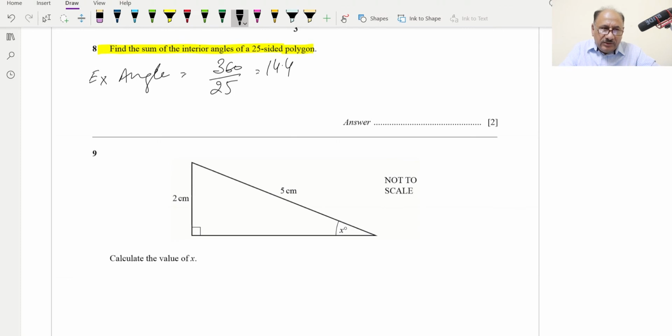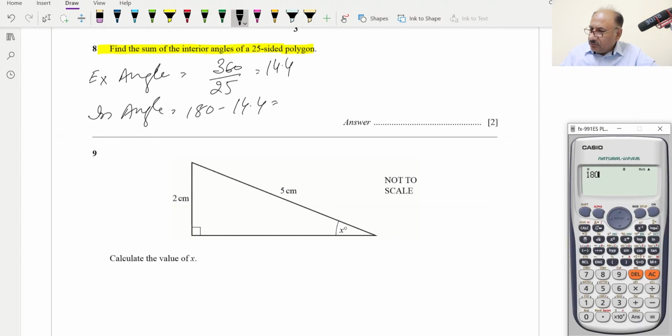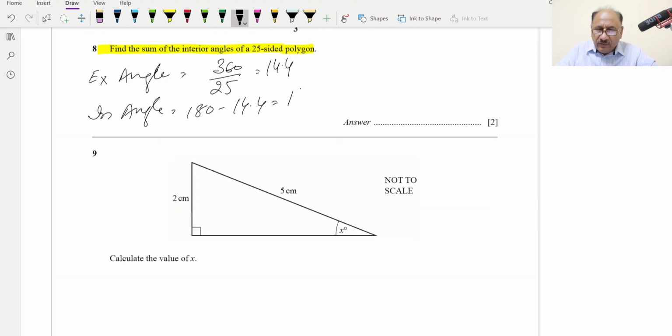14.4. Now what will the interior angle be? Interior angle will be equal to 180 minus 14.4, and this will be equal to 165.6 degrees. This will be the interior angle, but it is 25 sided, so the sum of interior angles will be 165.6 multiplied by 25.